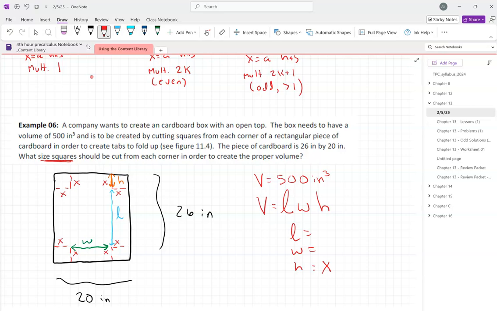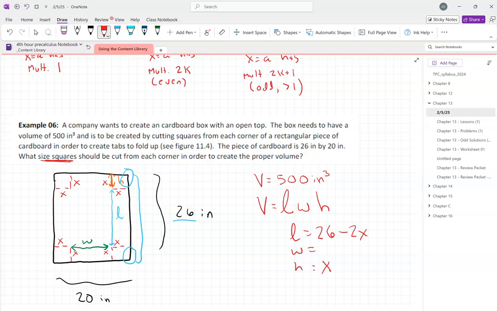All right, let's look at the width then. I know from here to here is 26, right? But I'm going to take away this piece and this piece. So what do I have left? 26 minus 2x, right?